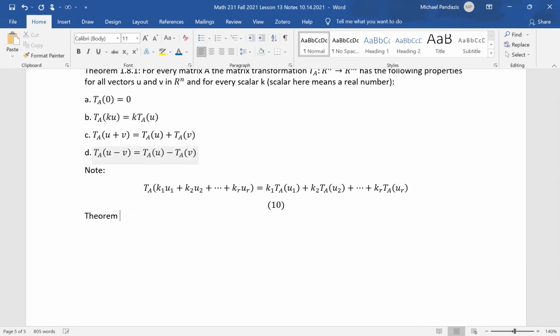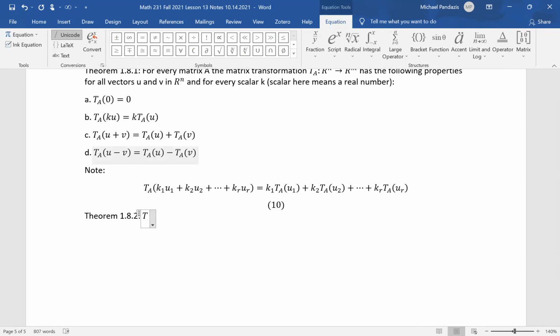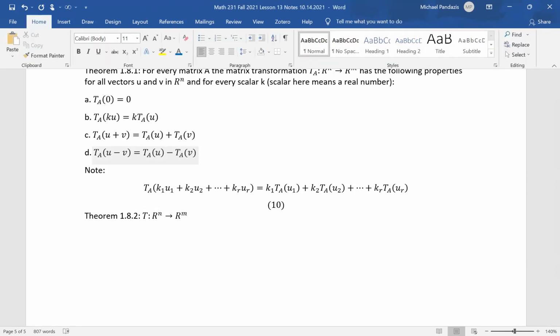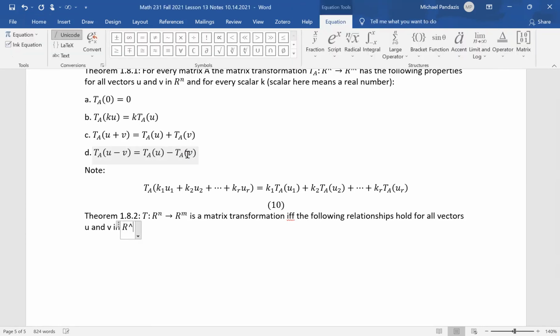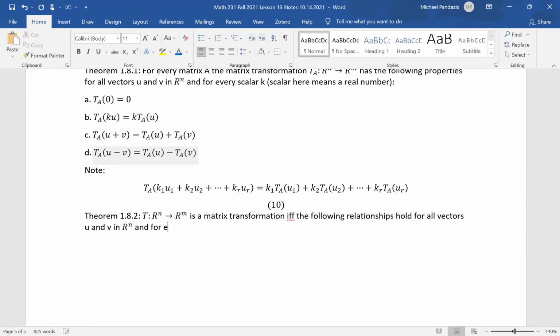Next is theorem 1.8.2. T from Rn to Rm is a matrix transformation if and only if the following relationships hold for all vectors u and v in Rn, and for every scalar k.